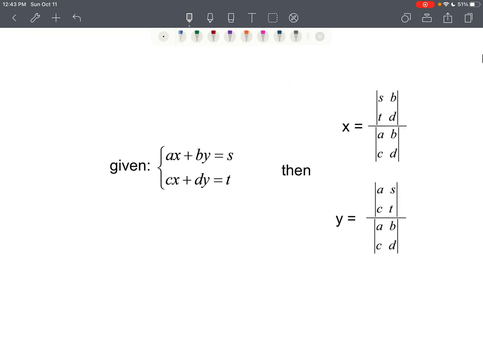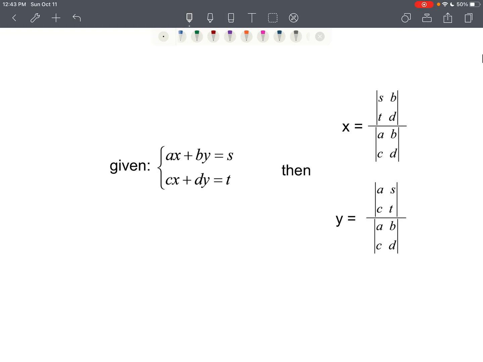Okay, so now it's time to explore Cramer's rule. Now that we know how to find the determinant, we are going to explore Cramer's rule. So we have a given system, ax plus by equals s, and cx plus dy equals t.